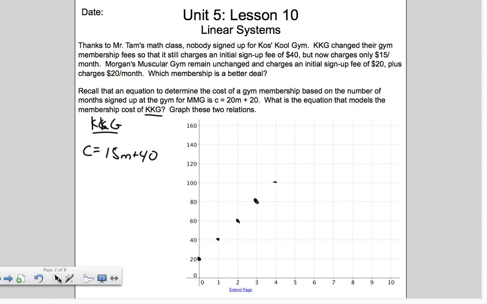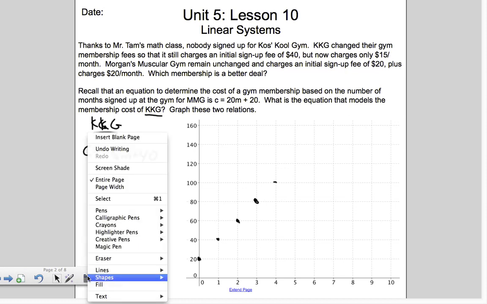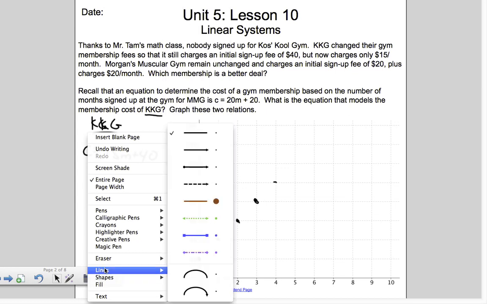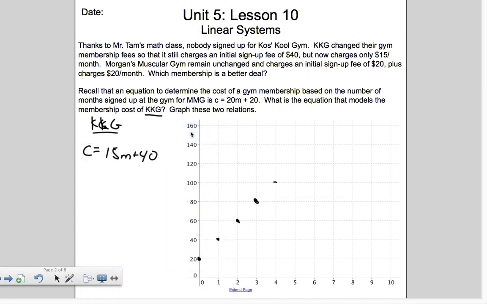So here I draw my line. So there's my line for mortgage gym.